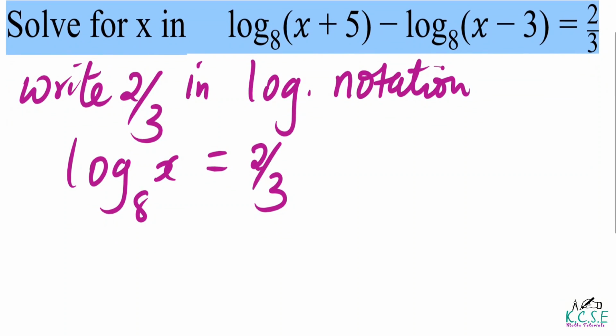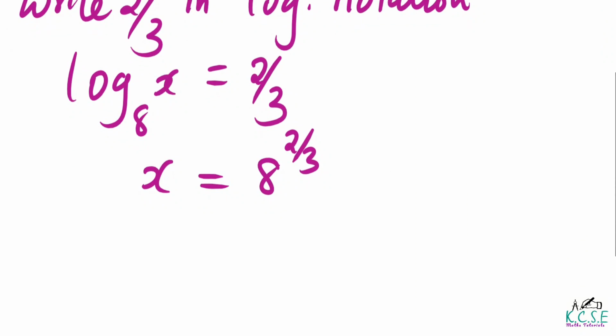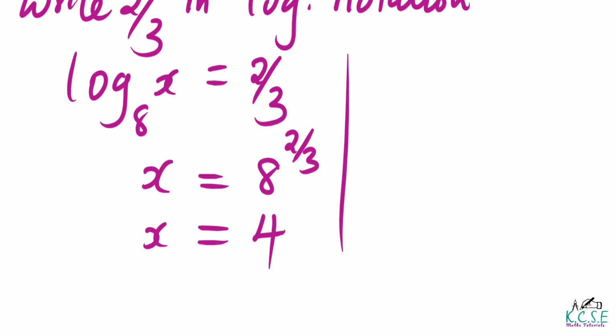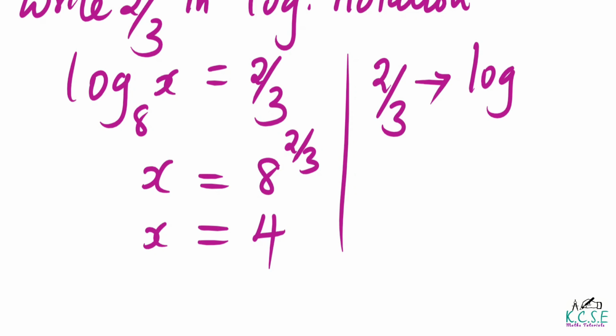So x will be obtained by 8 raised to power 2/3, and 8 raised to power 2/3 is going to give 4. So therefore, we can conclude that 2/3 written in logarithmic notation will be log of 4 to the base of 8. That is the first thing.